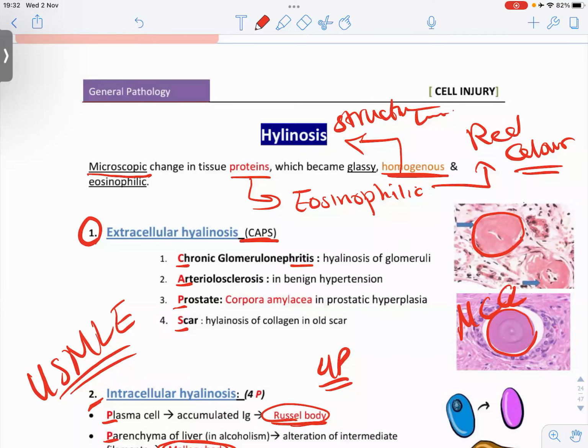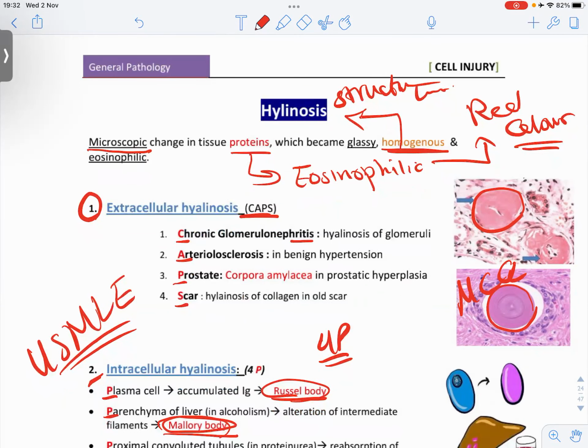And when blood comes so fast, it will rupture and damage the capillary wall, and the capillary wall contains proteins, and this protein will be accumulated inside the blood capillary. And we know that accumulation of protein is called hyalinosis. But this is extracellular, it's not inside the cell, it's inside the blood capillary.